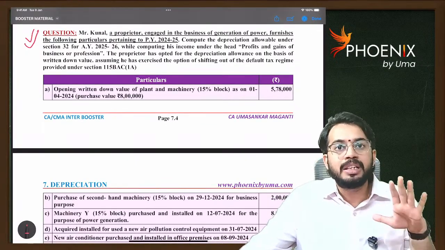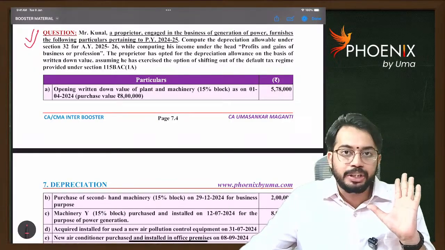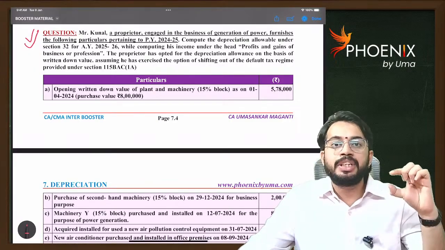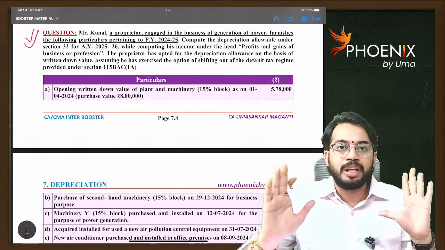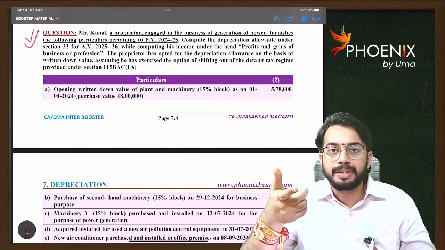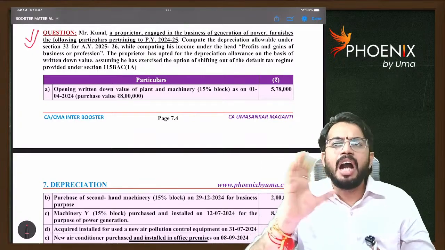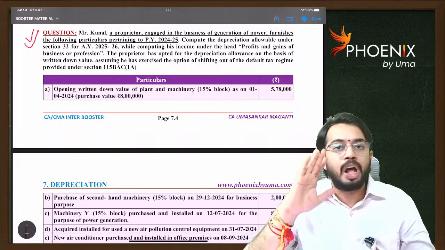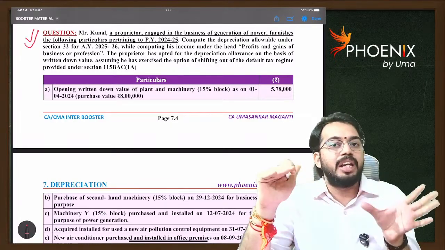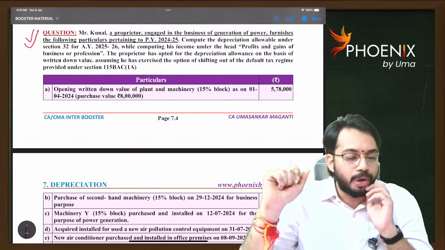In the booster series, I have explained an example relating to additional depreciation also. There is a 3 hours depreciation concept session. Don't worry, you need not listen to 3 hours. I have given timestamps. In those timestamps, select additional depreciation. Hardly 15 to 20 minutes of concept will be there. Then I have also solved one problem. Listen to those 20 minutes. You will get clarity about the additional depreciation problem also.